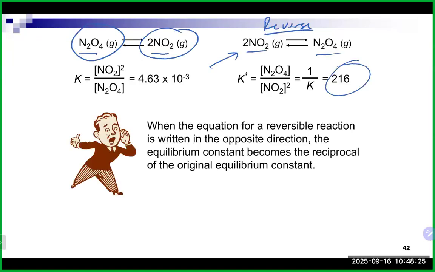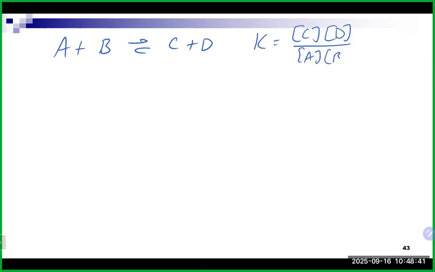Now, what are some other things that you may do to these reactions? Let's say we had a reaction such as this. Obviously, we could write our K here, which is C times D divided by A and B. Now let's say that we did not need just one of A, but we needed two of A. So we would have to take this equation and multiply everybody by 2, and that would get us 2A plus 2B goes to 2C plus 2D.